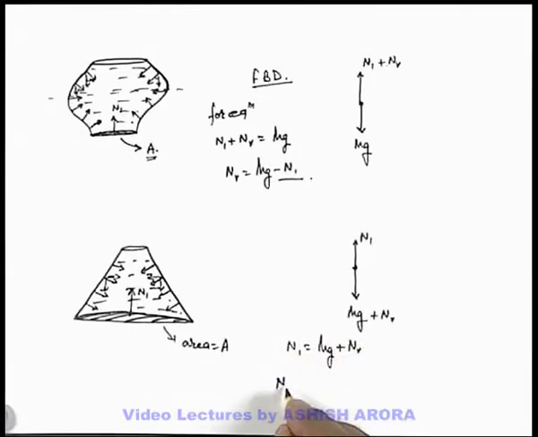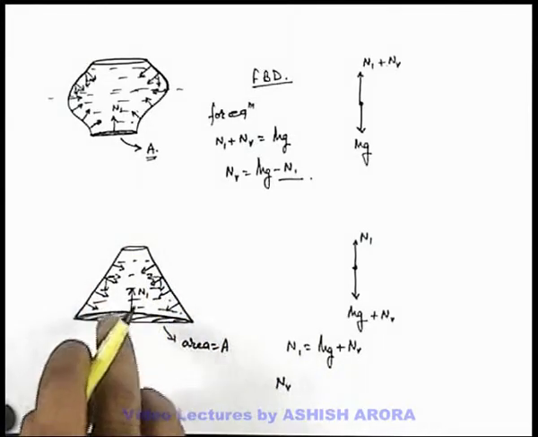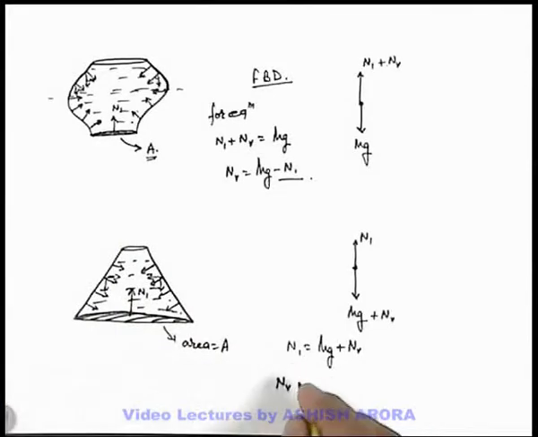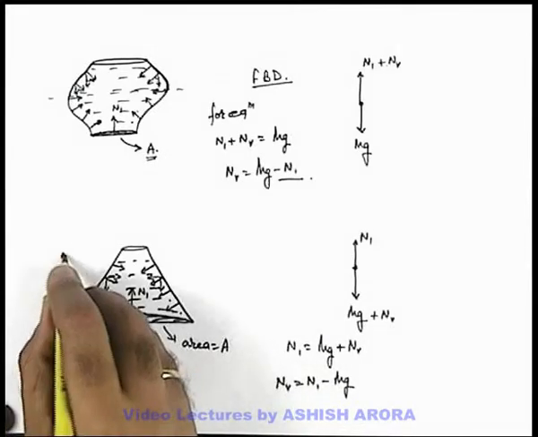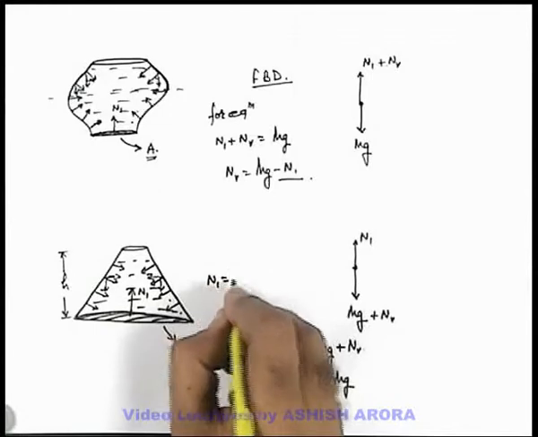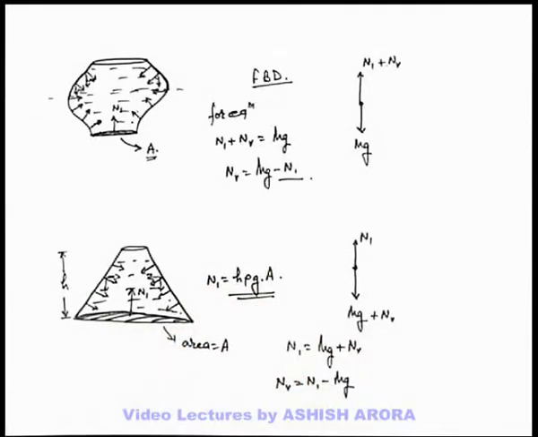So the force exerted by the side walls on the fluid, which is always in the vertical direction and here is vertically downward, can be given as N1 minus mg. As usual, if h is the height up to which the liquid is filled, N1 can be written as h rho g multiplied by A. This is the way we calculate the force exerted by the fluid on the side walls, or the force exerted by the side walls on the fluid. It is vice versa, in the opposite direction.